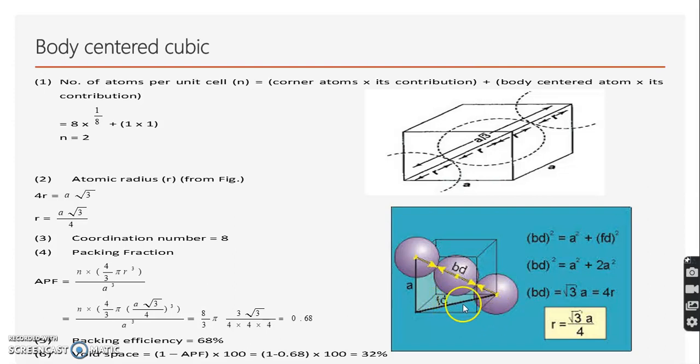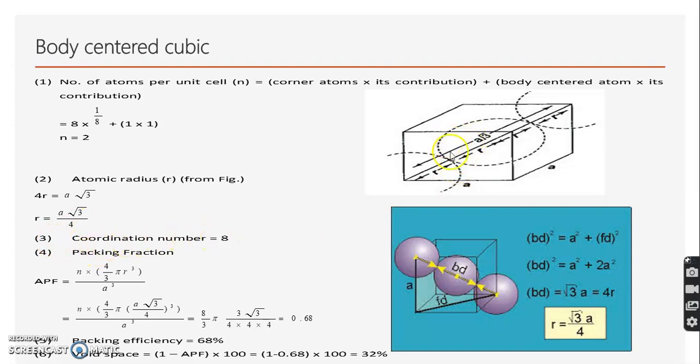So FD square itself will be 2a square. So BD square is equal to a square plus 2a square, or BD, if you take the under root of it, will be a root 3, but that is equal to nothing but 4r. So a root 3 is equal to 4r, or r is equal to a root 3 by 4. So therefore, this atomic radius r for BCC will be a root 3 by 4.